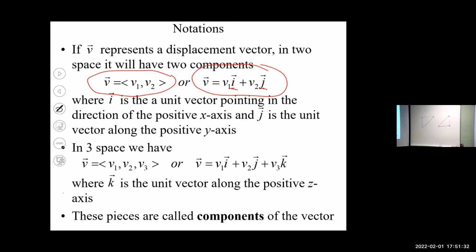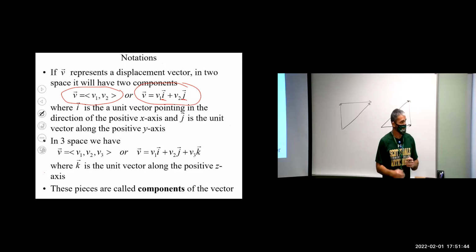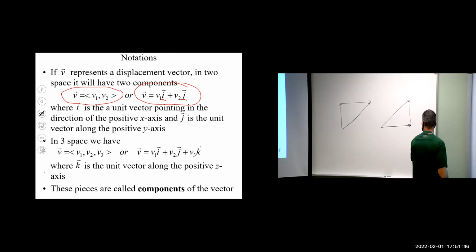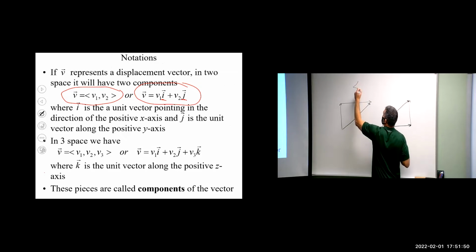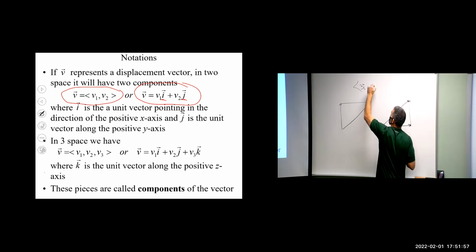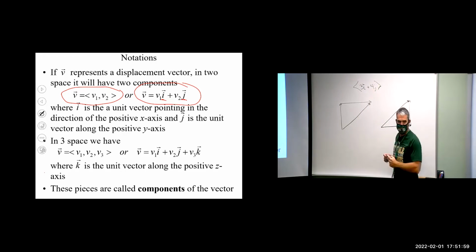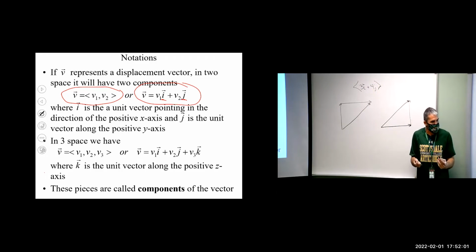The one thing I do want you to be careful of, and it's because I see it, and it's one of the things that we'll keep an eye out for when we're working on problems: don't mix the two together. What I mean is, don't do something like 3i plus 4j with those brackets, because that doesn't have any meaning.